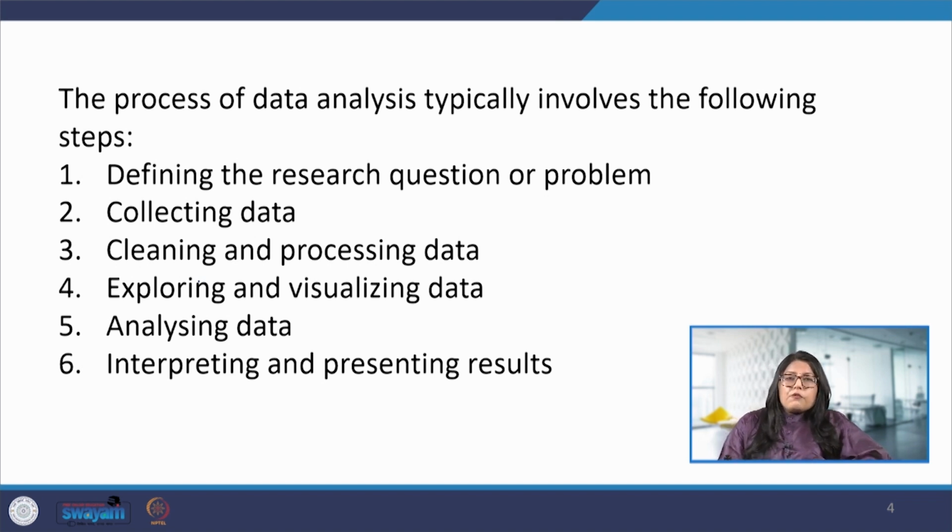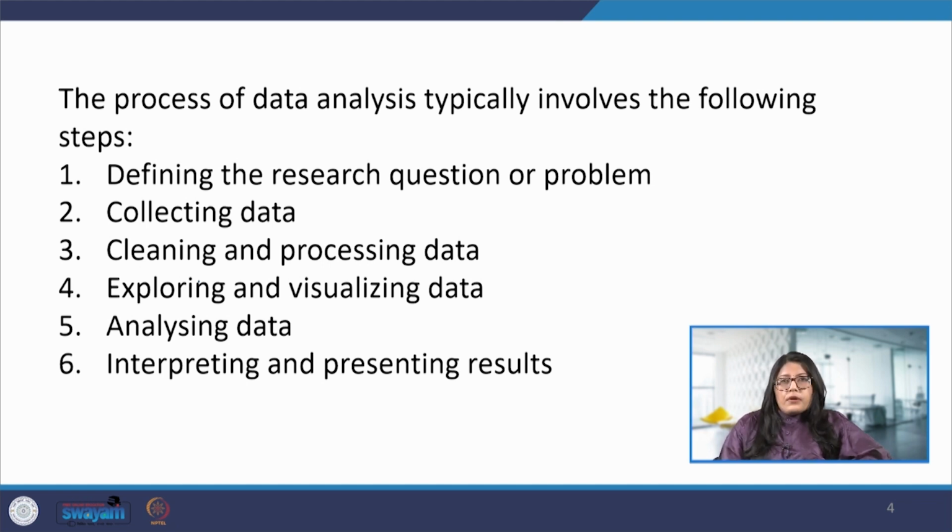Here we will collect data from various sources like surveys, experiments, observations or maybe even databases. The third step is cleaning and processing the data. In this step we will prepare the data for analysis by checking for any missing values or any inconsistencies in the data.